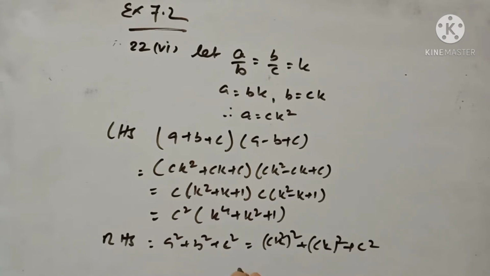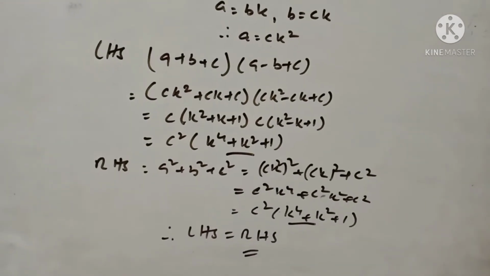So C to the power 2 and K to the power 4, C square K square plus C square. Take C square as common, so it will come K to the power 4 plus K to the power 2 plus 1. Therefore LHS equal to RHS, hence proved.